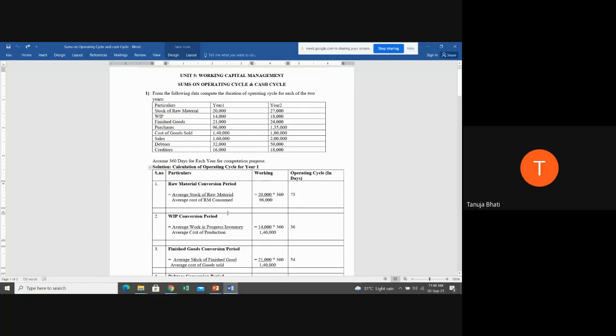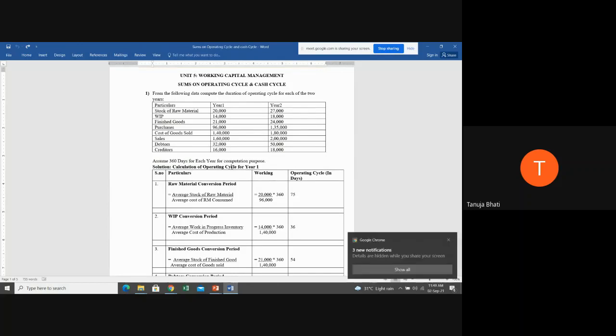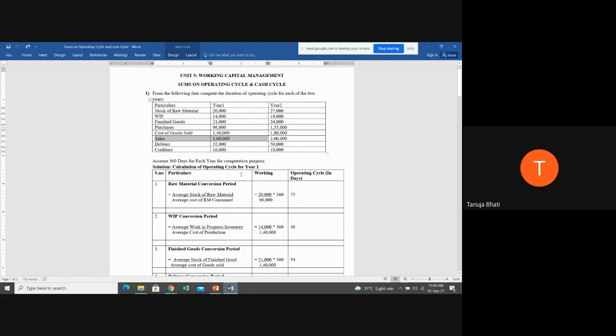Now to ICP you have to add DCP. DCP is the debtors conversion period, which is nothing but debtors divided by credit sales, because debtors come into picture only when there are sales. Now, have they given you that the total sales is 1,60,000? Have they given you, out of 1,60,000, what is the cash sales and what is the credit sales? No, this information is not given.